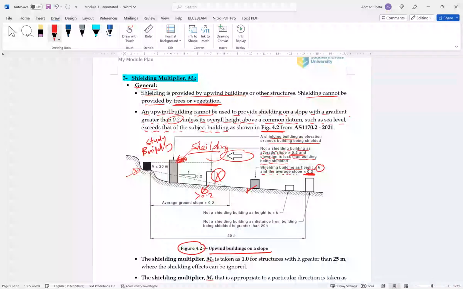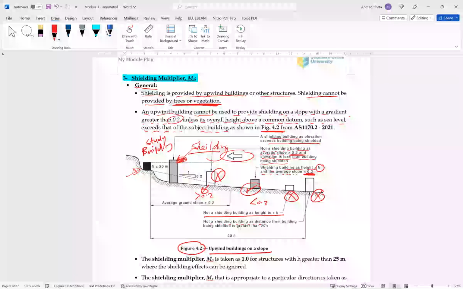This one is not on a slope more than 0.2, so it can do shielding. Here also no shielding. Here no shielding because the distance from the building is greater than 20h.